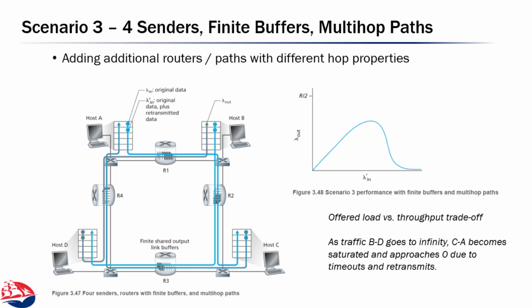Scenario 3, we have 4 senders with finite buffers and multi-hop paths. I think the big observation that they give here is that you have a sender who is sending data through multiple routers, and as this sender is sending data, it interferes with another sender being able to send the same data.